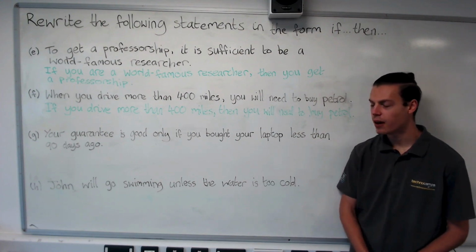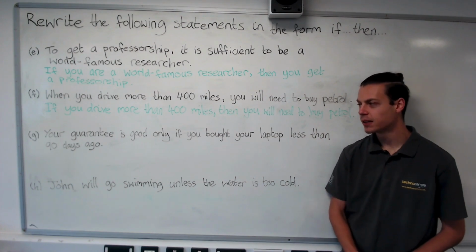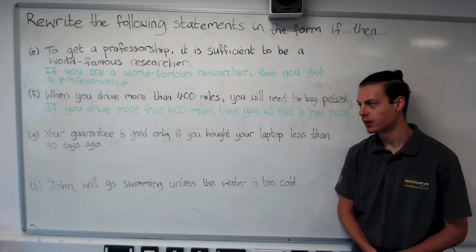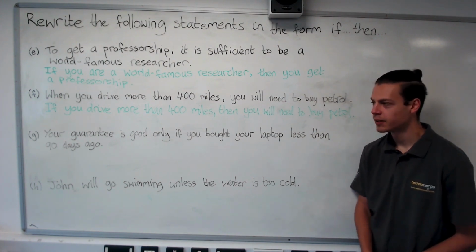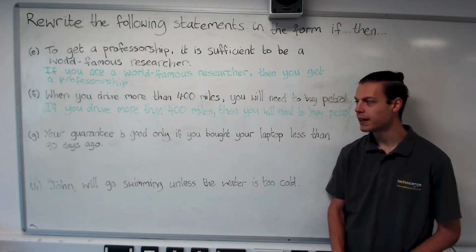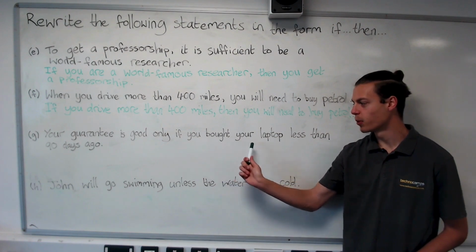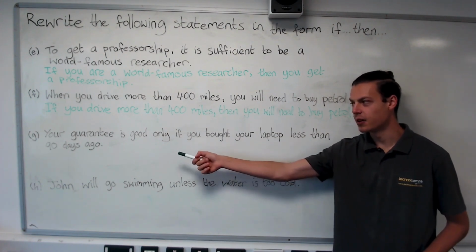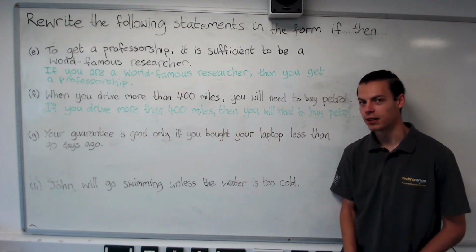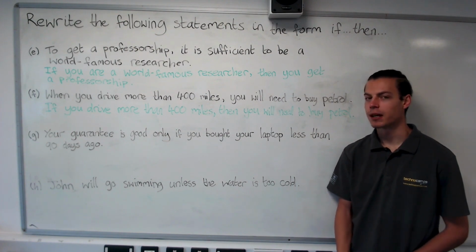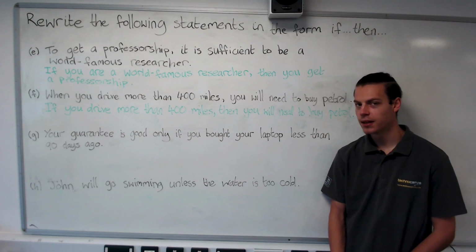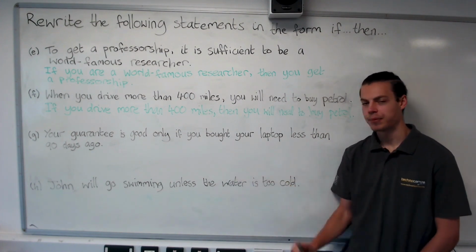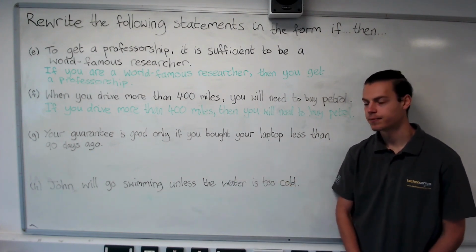There might be other factors that mean your guarantee is not good, right? Maybe it doesn't cover certain types of damage. So it is not true that if you bought your laptop less than 90 days ago, then your guarantee is good, okay? But it is true that if your guarantee is good, then you bought your laptop less than 90 days ago.